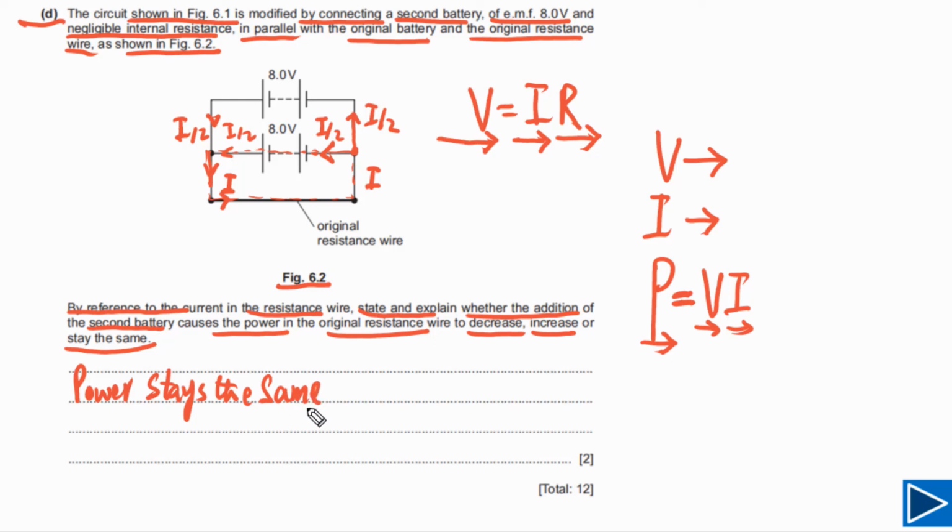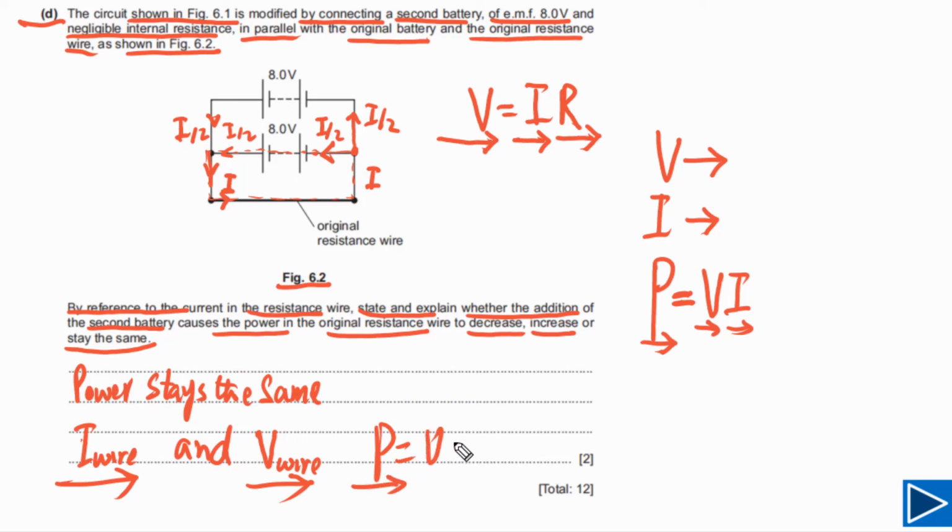Now we need to explain why power stays the same. We can simply say I, meaning current in the wire, is the same, and PD across the wire, meaning potential difference across the wire, is also the same. So P is equal to VI, so power is also the same. This question has 2 marks. You will get 1 mark if you have written the right statement, meaning you have mentioned power stays the same.